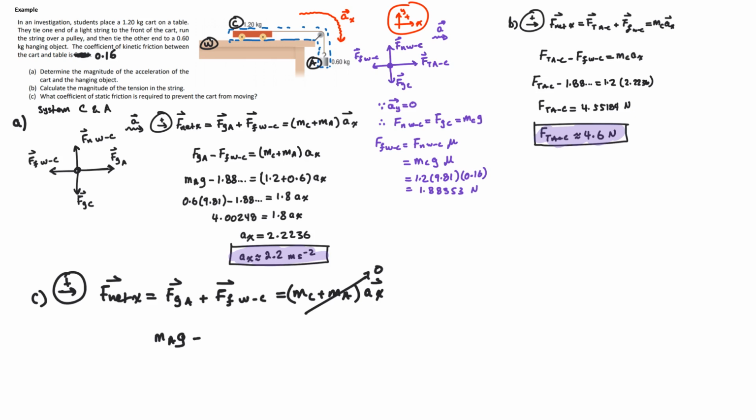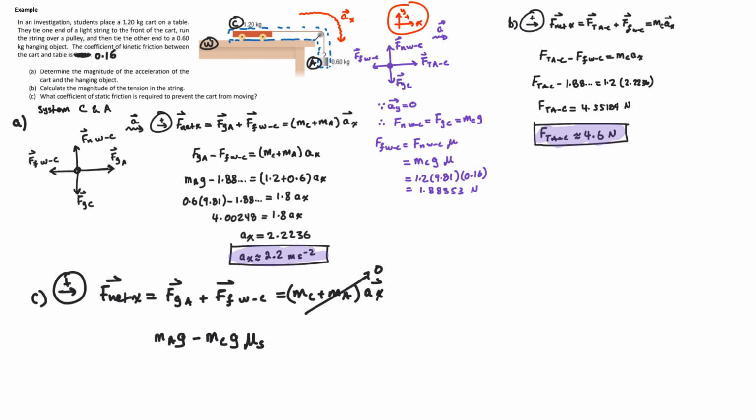In terms of its value though, we know that the force of friction is going to be the normal force acting on it multiplied by mu. We don't know the mu here, so I'll just put it as the mass of C multiplied by the gravitational acceleration multiplied by mu.